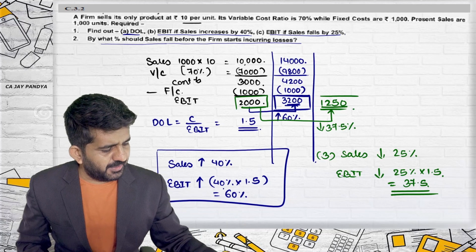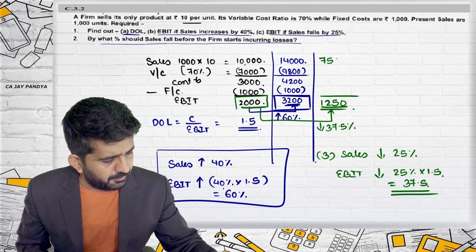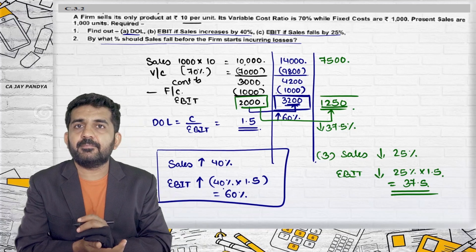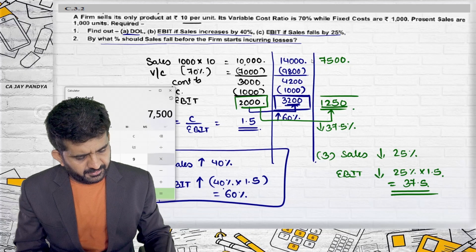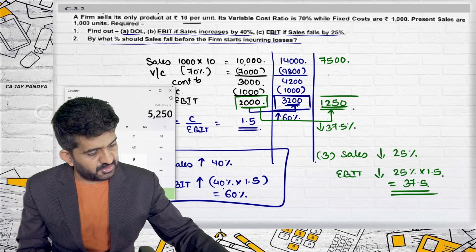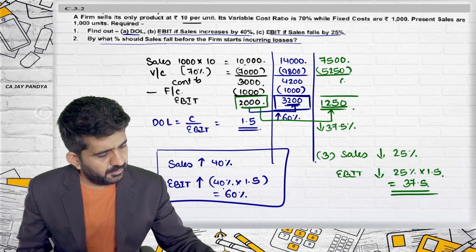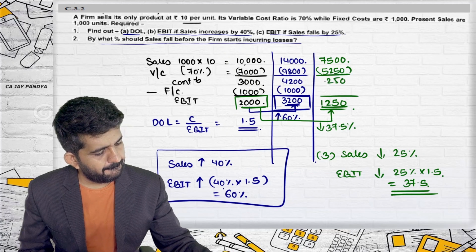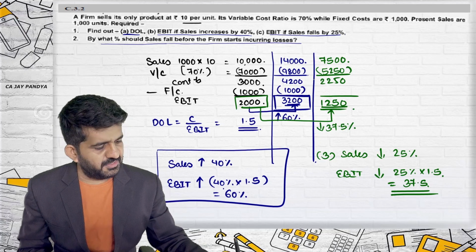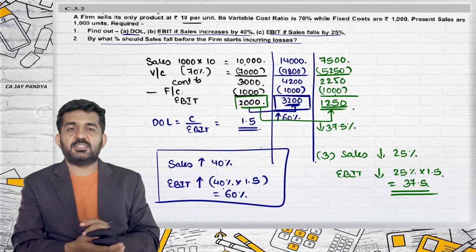Let me check whether my answer is correct or not. Sales has decreased by 25%, so it will become 7,500. What will become variable cost? 7,500 into 0.7, that is 5250. Contribution will be 2250. Fixed cost will be 1000. What is the answer? 1250.